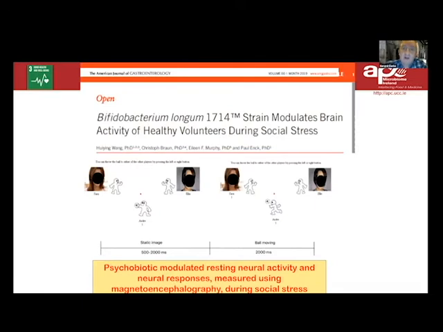Now, our colleagues in Germany, Paul Enck, also used this strain in a different imaging study and with a different stressor, and also demonstrated that it had some benefits in modulating neural activity, and also having a beneficial impact on the stress response. So we were very encouraged by this.